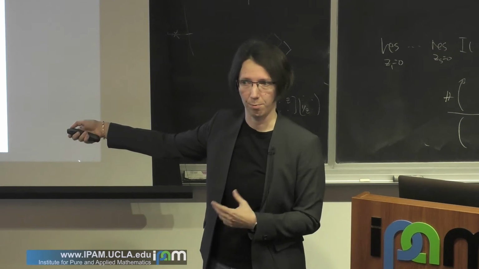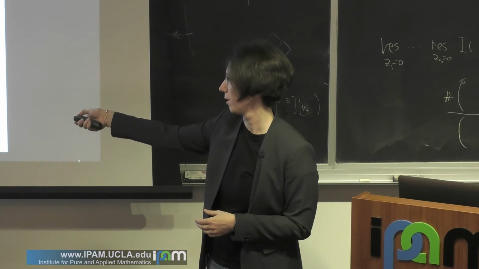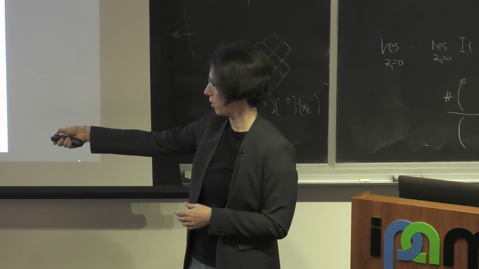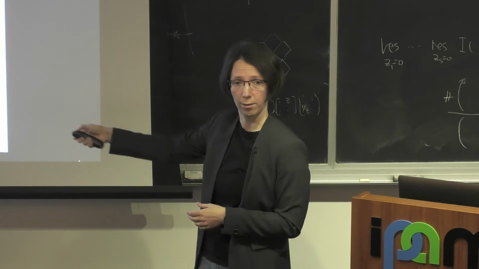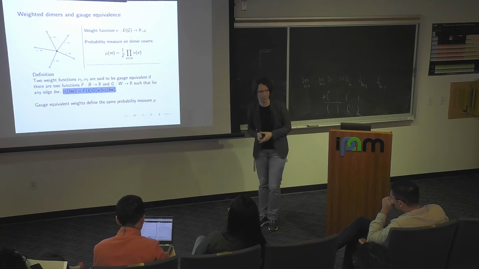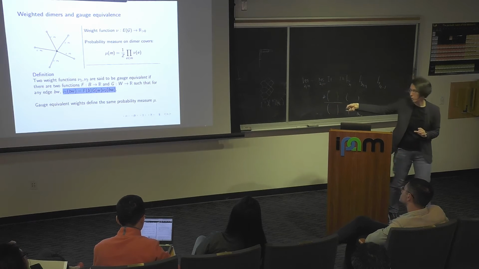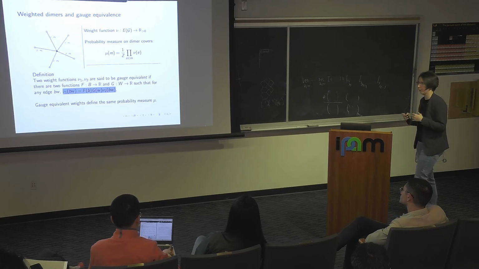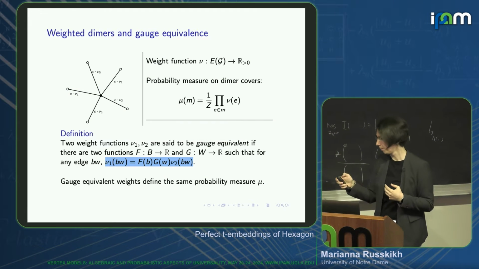Recall that our graph is bipartite, so I can think about them as two functions, one defined on black vertices, another defined on white vertices, such that the first weight function is given in terms of the second weight function by multiplication of those functions at the ends of the corresponding edge. Okay? And yet again, note that the weights which are gauge equivalent define the same probability measure. So now I'm thinking about my weights on edges up to a gauge transformation.